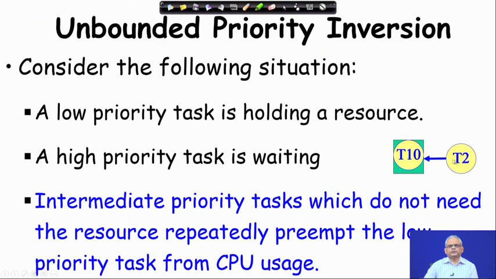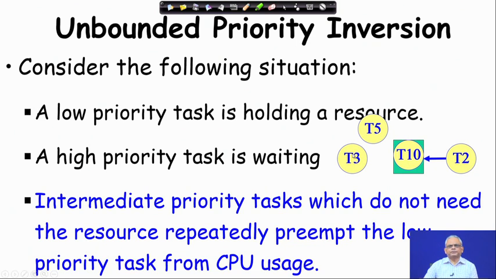So, T 2, a very high priority task, waits for T 10 to complete executing the non-preemptable resource, so that T 2 can get it, but unfortunately other tasks like T 3, T 5 etc., these are having priority more than T 10, and they become ready and start using the CPU.